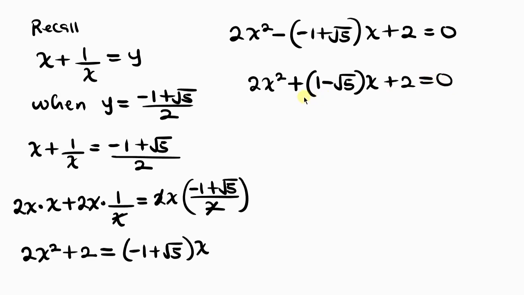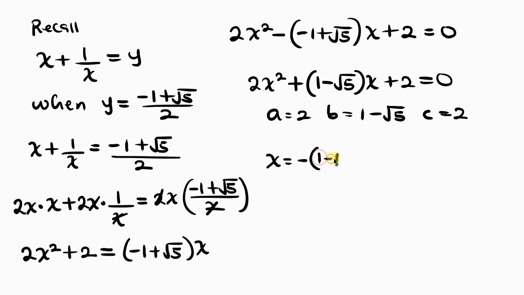Now we're going to be using the quadratic formula to solve this quadratic equation. And if you notice, a is 2, b is this expression, which is 1 minus the square root of 5, and then c is also 2. Now, using our quadratic formula, we have x equal to minus b. What is b? B is this expression here.